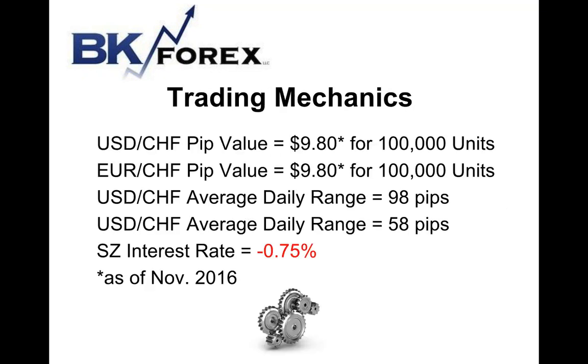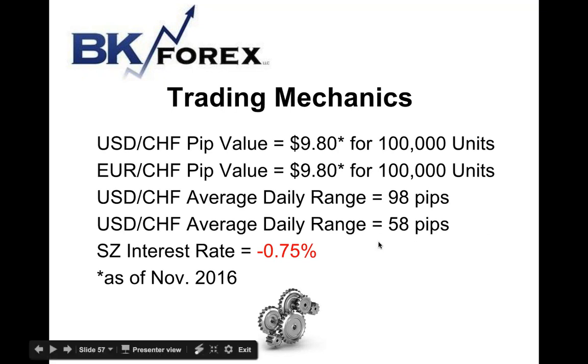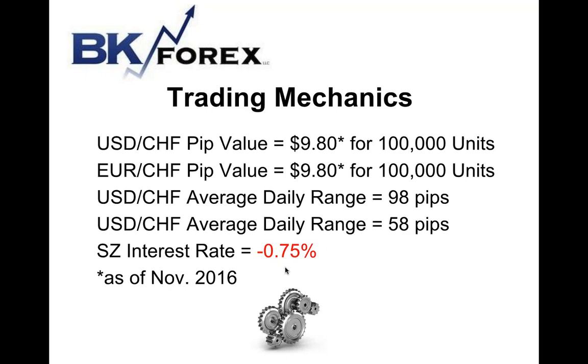And what's fascinating about this is that at this point, the Swiss National Bank has the highest negative interest rates, I think, in the history of the world as far as major currencies go. It literally costs you money to keep your money in the Swiss bank, right?